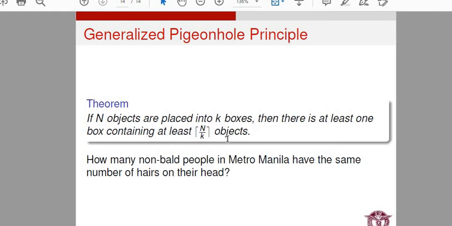Then take an example: 10 divided by 5 is 2 objects, so at least one box should have n by k objects, obviously, right?